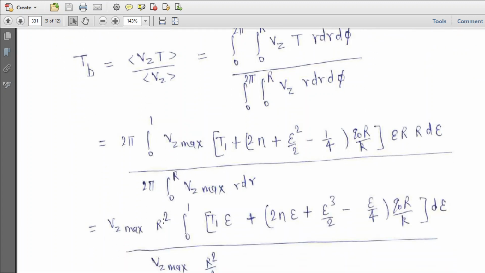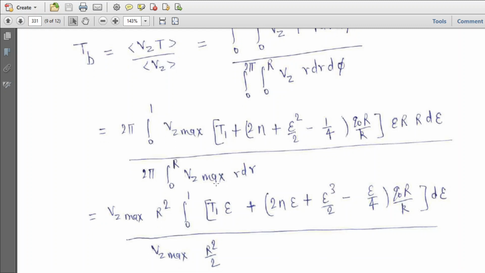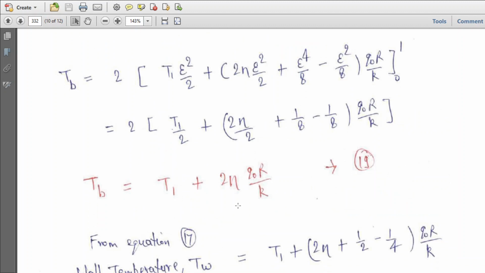In denominator you have this Vz max R into dr, so Vz is not a function of r here because this is a plug flow region. So here you can integrate that, and you will get this expression here that T_b equal to T1 plus 2 eta q naught R upon k.